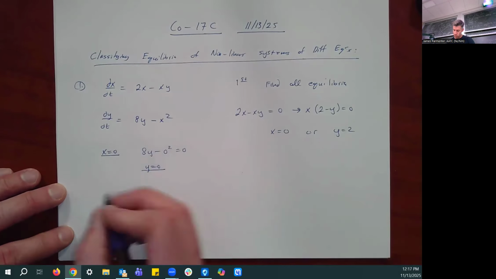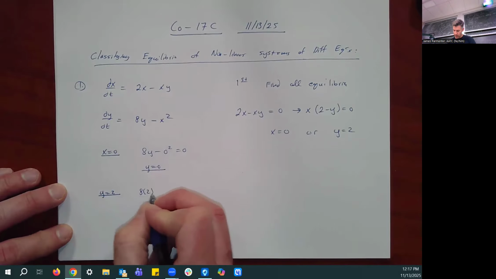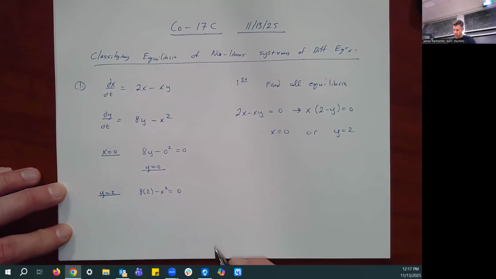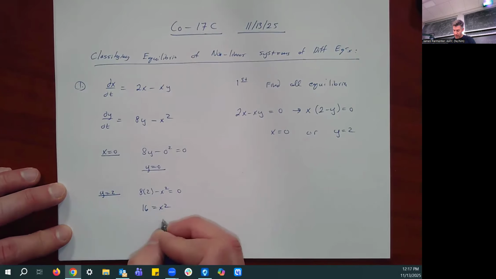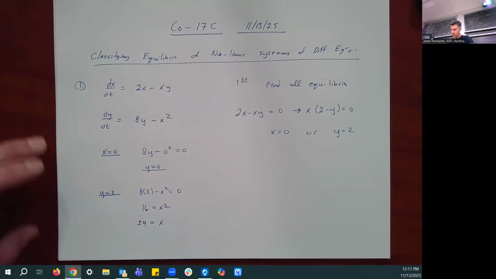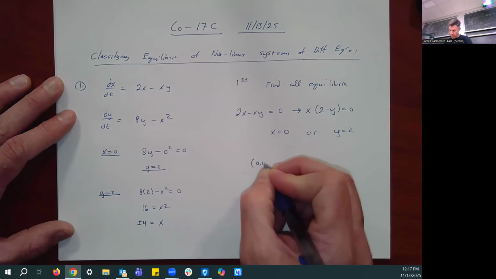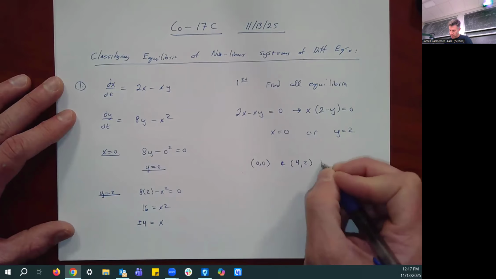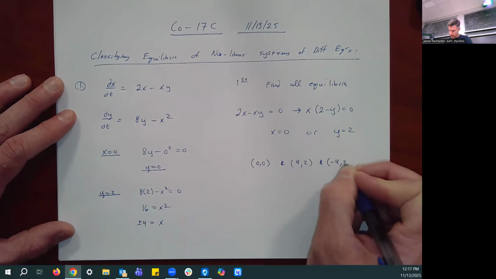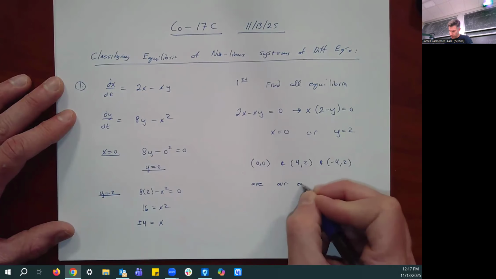Then plugging in y equal to 2, we have 8 times 2 minus x squared equal to 0, so 16 equals x squared, and x equals plus or minus 4. So here are our three equilibria: (0, 0), (4, 2), and (-4, 2).